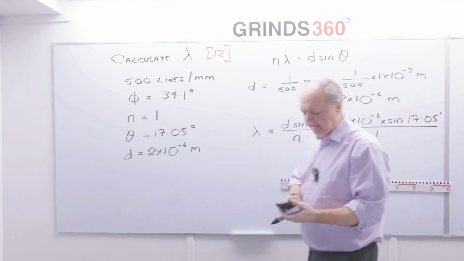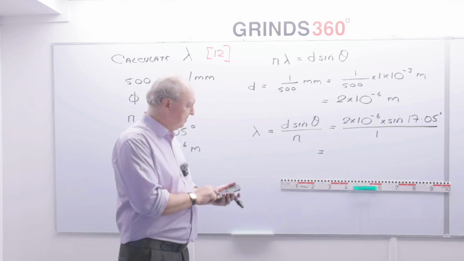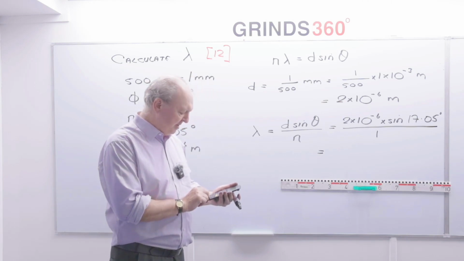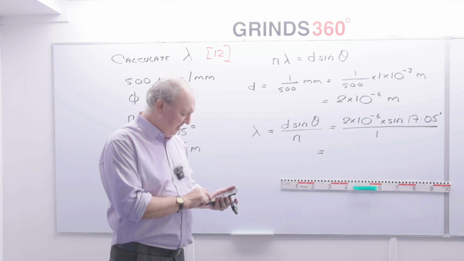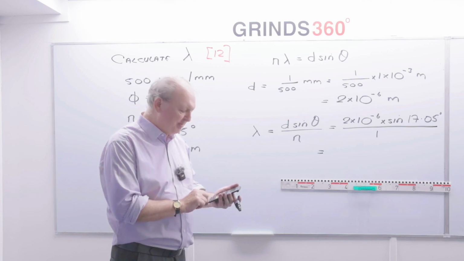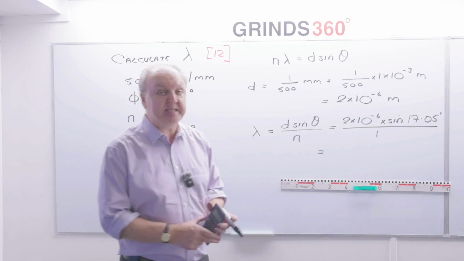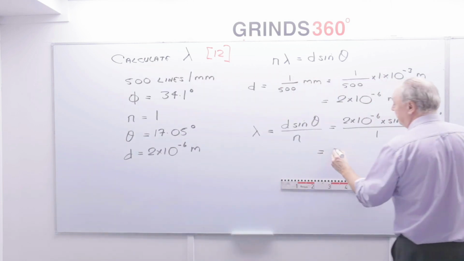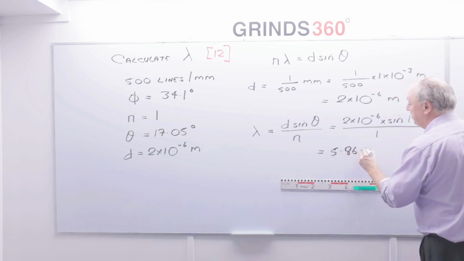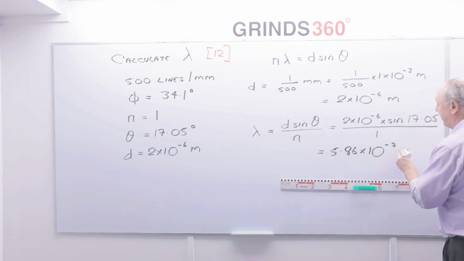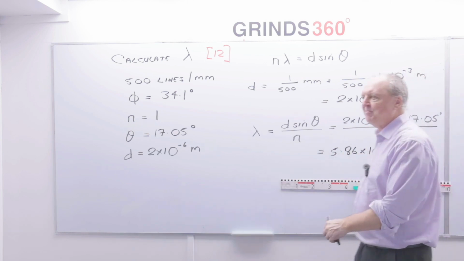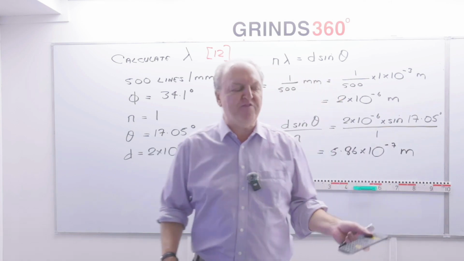Put that into my calculator, and I get, say, 5.86 times 10 to the power of minus 7 meters. That's my wavelength. So a very straightforward calculation.